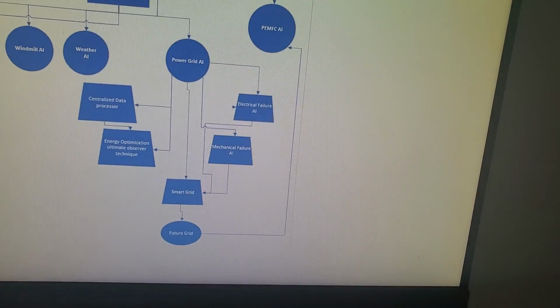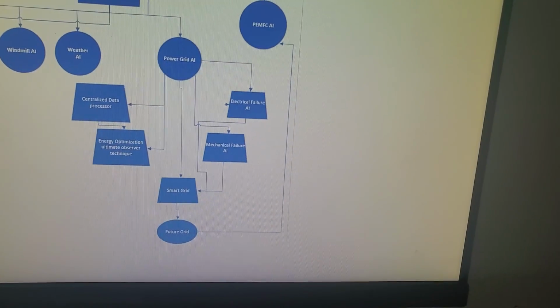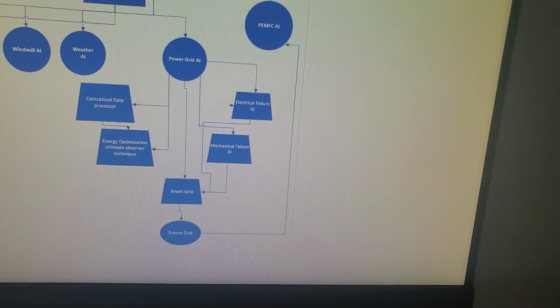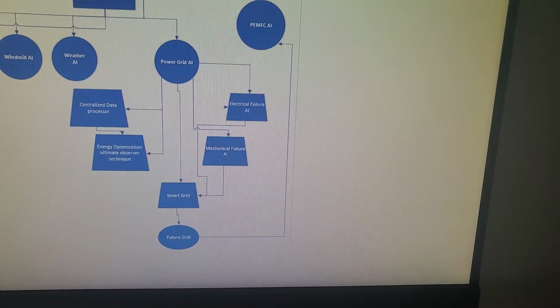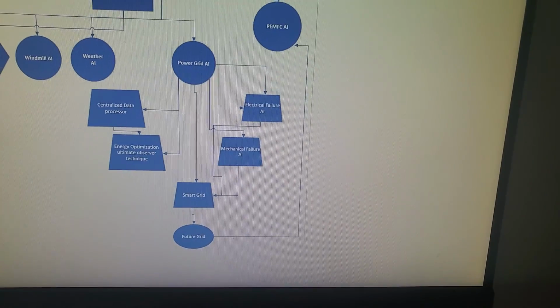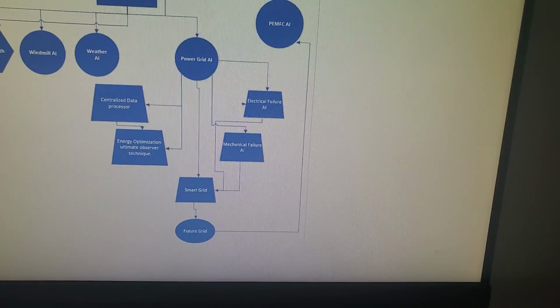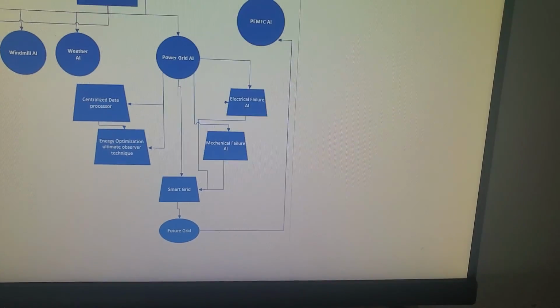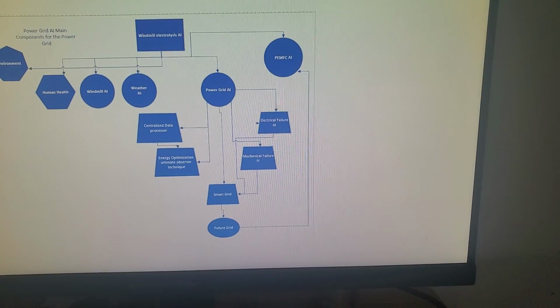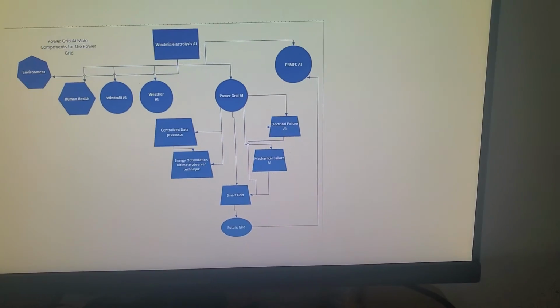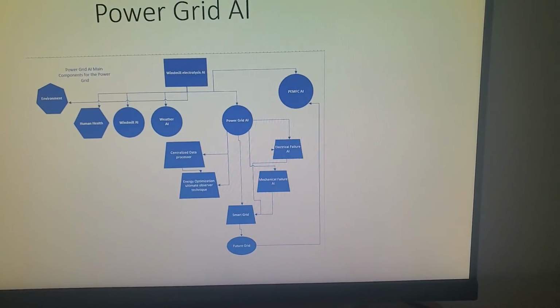We have a centralized data processing unit. Energy optimization, ultimate observer technique. This is going to help us get all our costs down to be minimized. And then we're going to be building this system into some kind of smart grid. But eventually it's going to turn into a future grid, which would be much more advanced than the original smart grid.